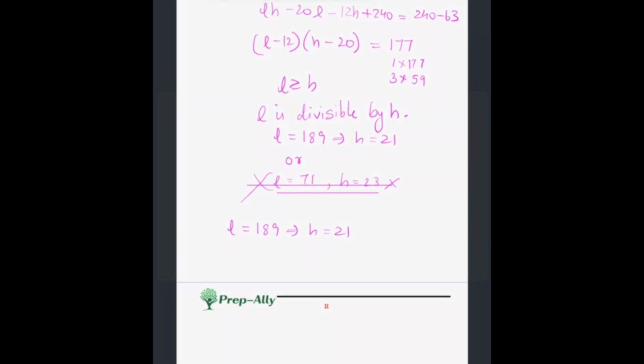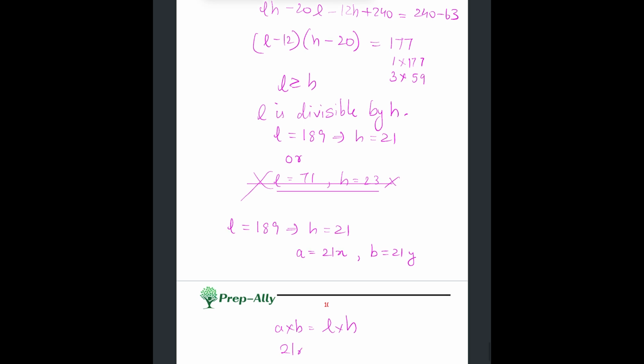So both the numbers, can we write A equals 21x and B equals 21y? And A into B equals L into H, which gives us 21x into 21y equals 21 into 189.